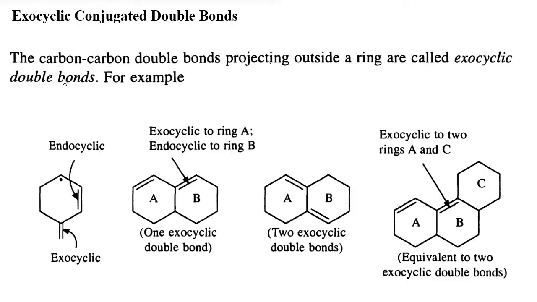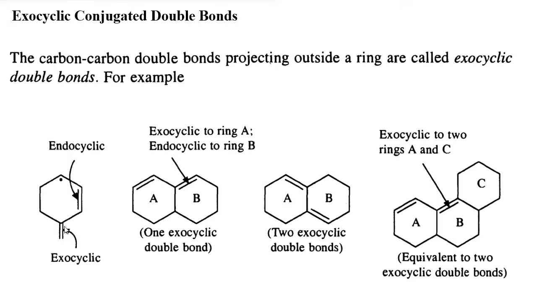Then see what exocyclic conjugated double bonds are. The carbon-carbon double bonds projecting outside a ring are called exocyclic double bonds. For example, in this molecule you can see the exocyclic double bond.